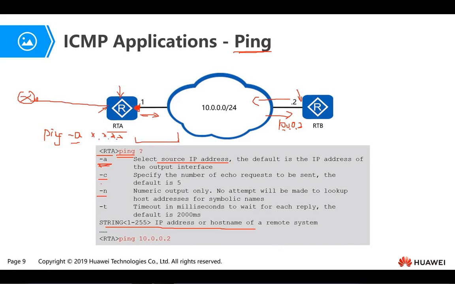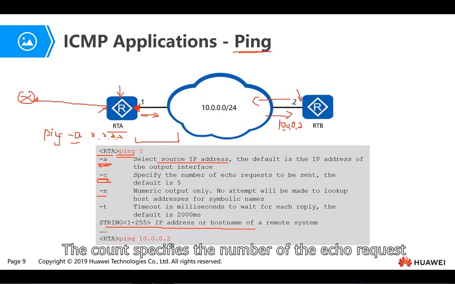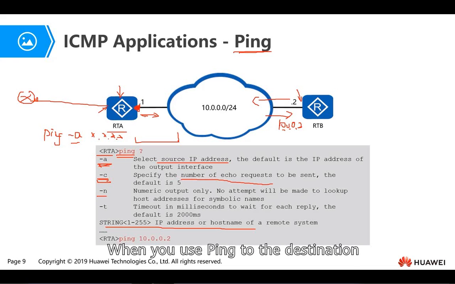And then option -C. C means the count. It specifies the number of echo requests. When you use ping to the destination, not only one echo request is sent out.